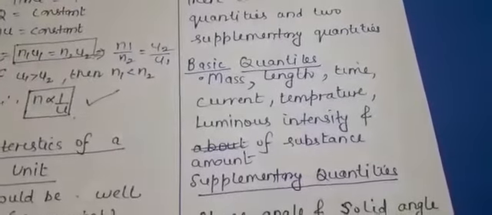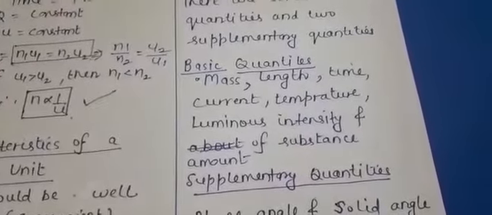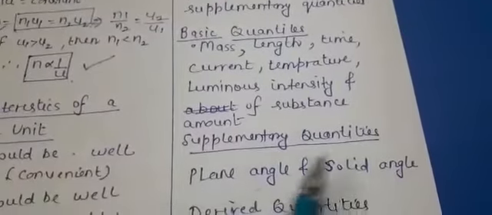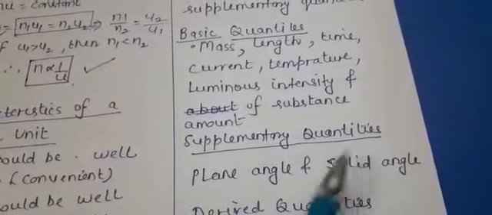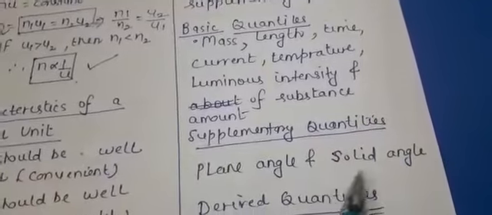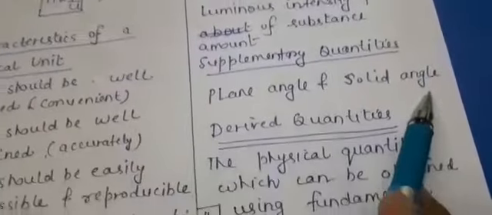These are the 7 basic quantities. And 2 supplementary quantities: plane angle and solid angle. So these are the fundamental quantities, basic and supplementary.